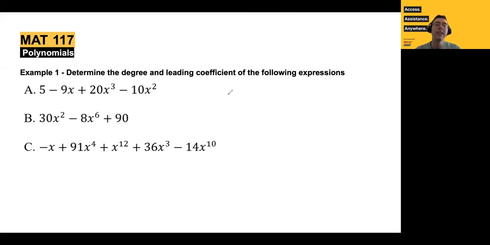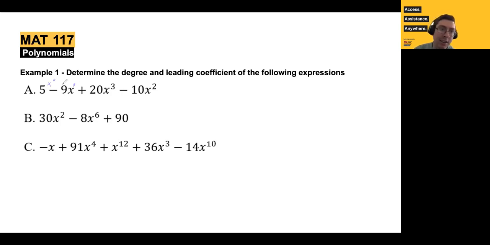Okay. Yes, first we got to determine the degree and leading coefficient of polynomial expressions. So the degree is, you look at all the exponents of the variable x in this case. This is implicitly x to the first. This 5 basically has an x to the 0 power.